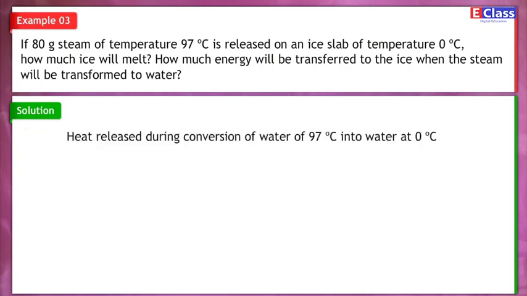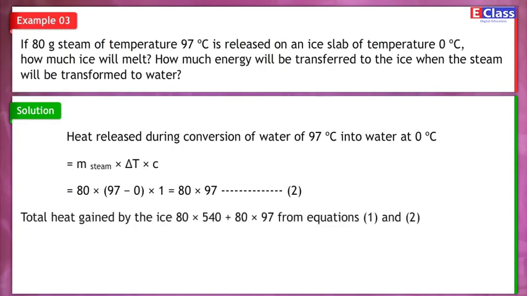Equation 1. Heat released during conversion of water of 97 degrees Celsius into water at 0 degrees Celsius = m steam × ΔT × c = 80 × (97 − 0) × 1 = 80 × 97. Equation 2.